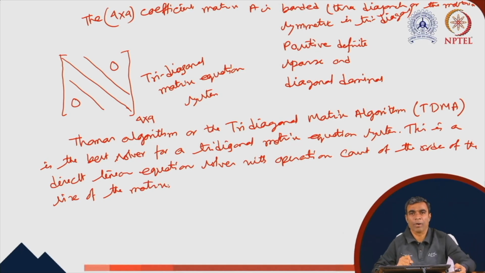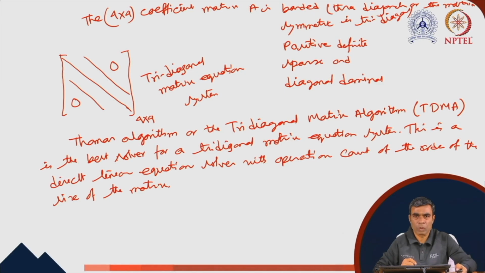So, the number of addition, multiplication, division and subtraction, this order during the solution process gives us the operation count of direct matrix equation solvers. So, for a square matrix equation system of dimension n by n, the operation count for Thomas algorithm or TDMA is of the order of n.